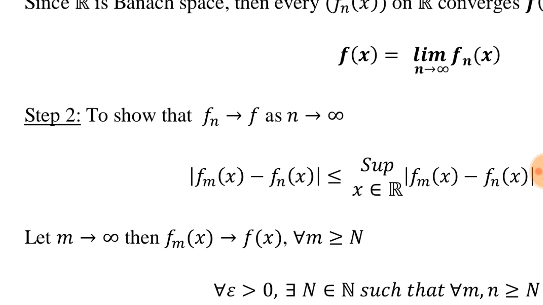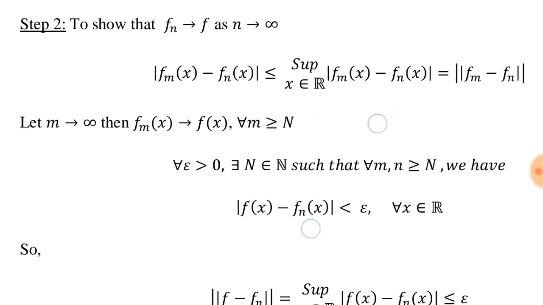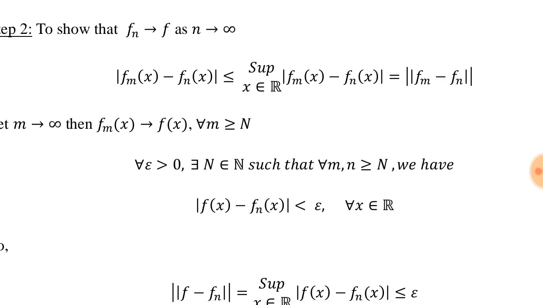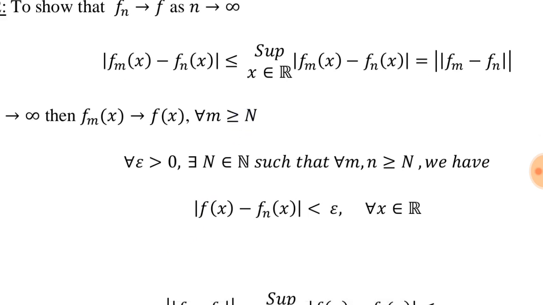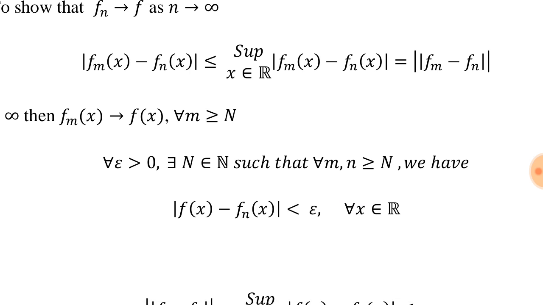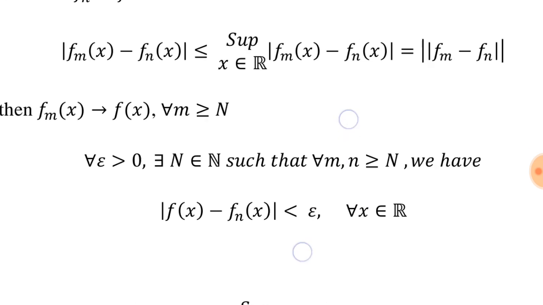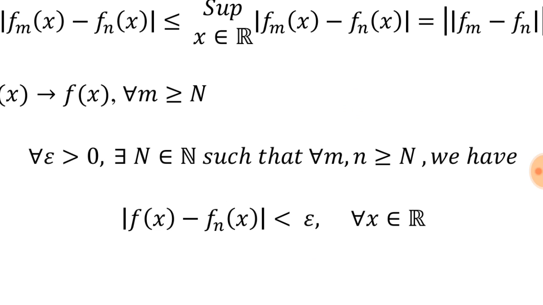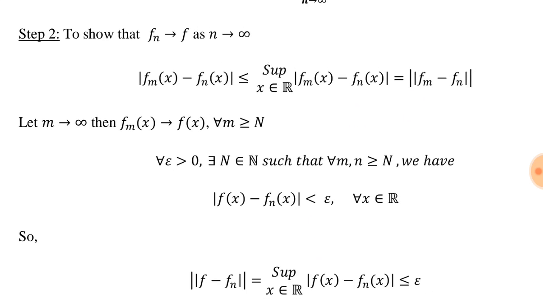Let m approach infinity, then f sub m of x approaches f of x for every m greater than or equal to capital N. Then, for every epsilon positive, there exists N in the natural numbers such that for every n greater than or equal to capital N, we have the absolute value of f of x minus f sub n of x is less than epsilon for every x in R.